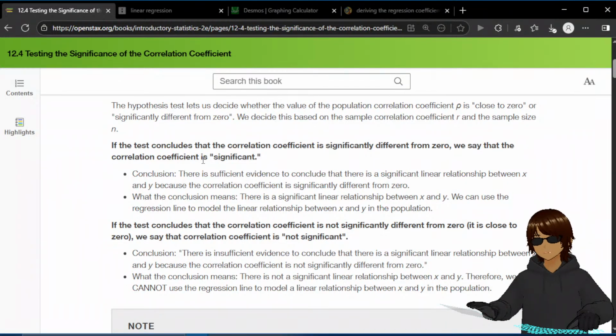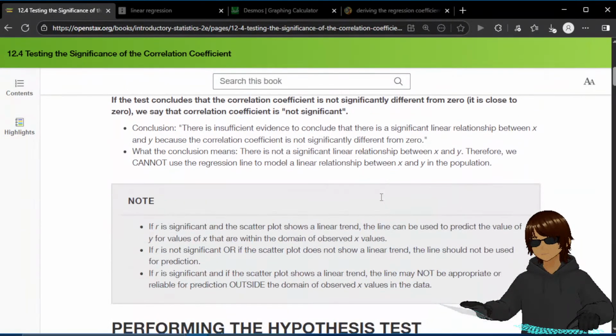If the test concludes the correlation coefficient is significantly different from 0, we say that the correlation coefficient is significant. Conclusion: there is sufficient evidence to conclude that there is a significant linear relationship between X and Y because the correlation coefficient is significantly different from 0.